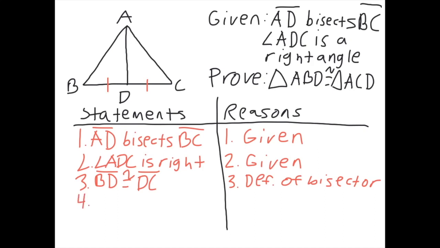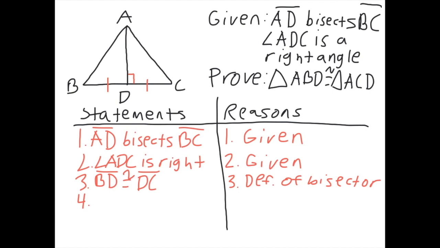The next statement: we know that ADC is a right angle. That means that ADB is also a right angle, meaning that they're congruent.